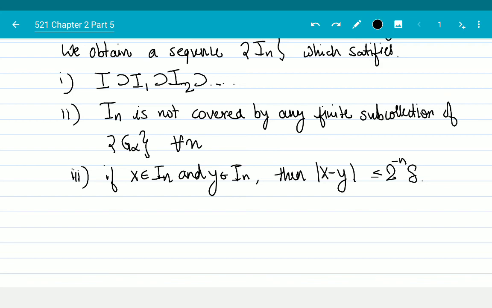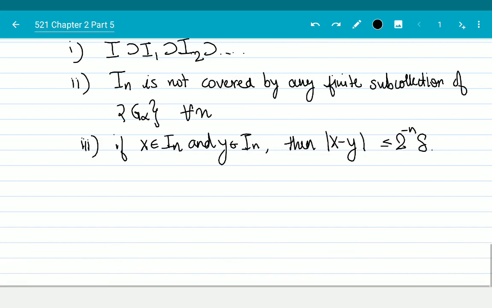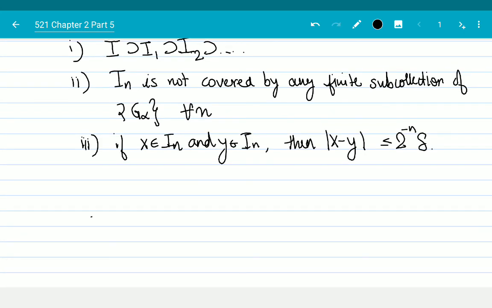In fact, it can be lower, but it's at most 2 to the minus n delta. Okay? Then, by the previous theorem, therefore, by theorem 2.39, there is some point which lies in every IN.